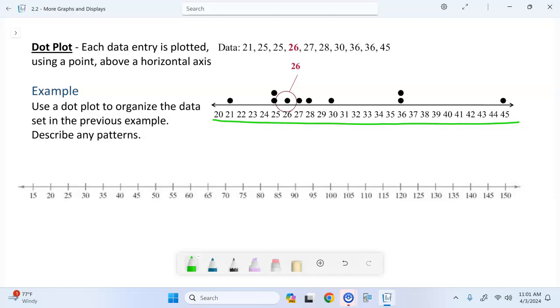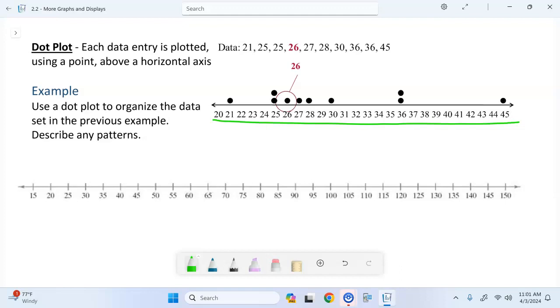So we still get a visual display of grouping our data, but a downside is we have to include every single number between our minimum and our maximum value.